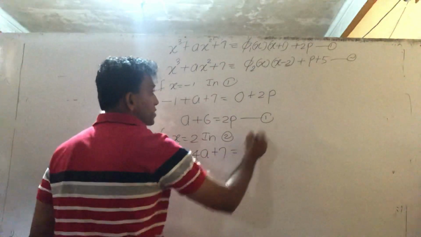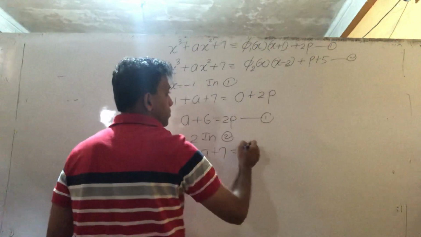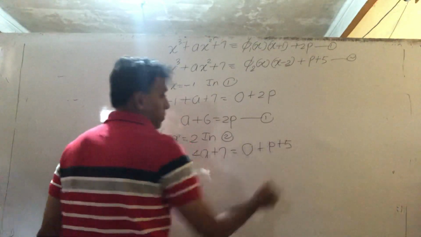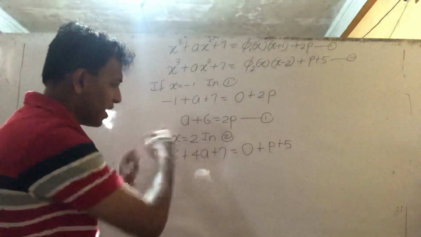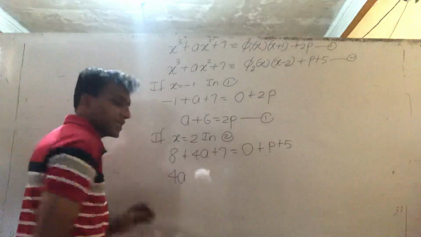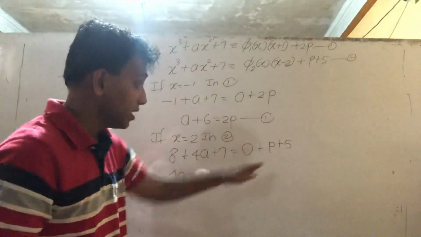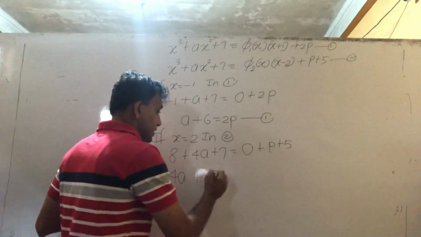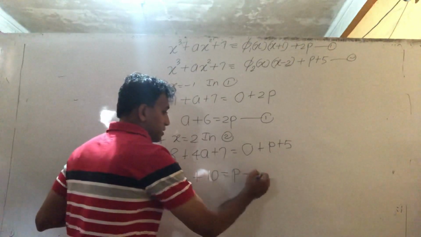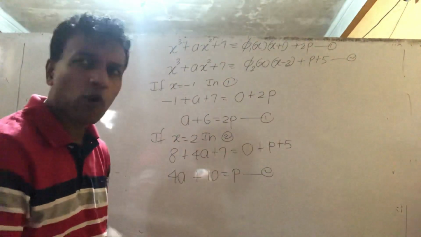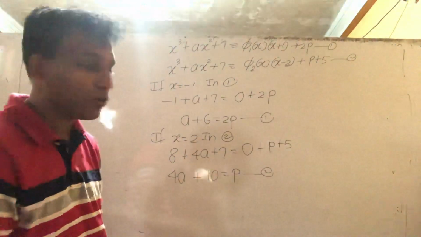And here put x for 2: 0 plus p plus 5. So rearrange: 4a, 8 plus 7 is 15, take the 5 here, therefore 4a plus 10 equals p. So you have two simultaneous equations; by any mode of solving, find the a and p values.